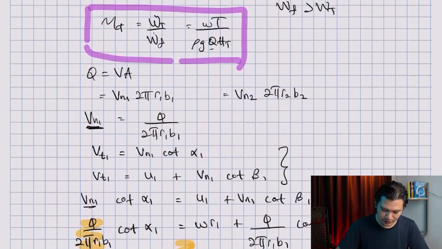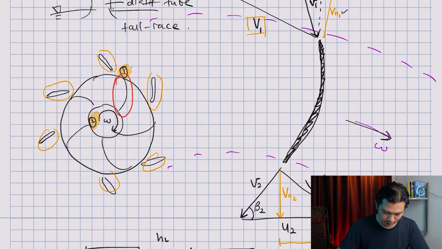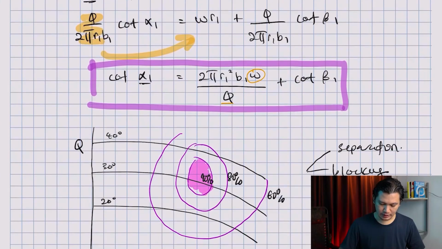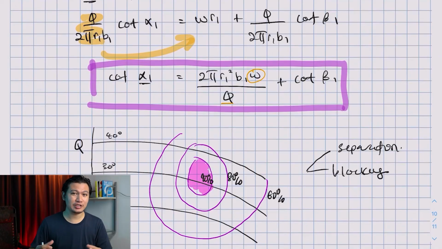So if you have a passage that looks like this, and the flow is coming in like this, and you have the separation developed here, this region is basically unusable for the primary flow to go through. So this means you have blockage, and that definitely can reduce the efficiency.